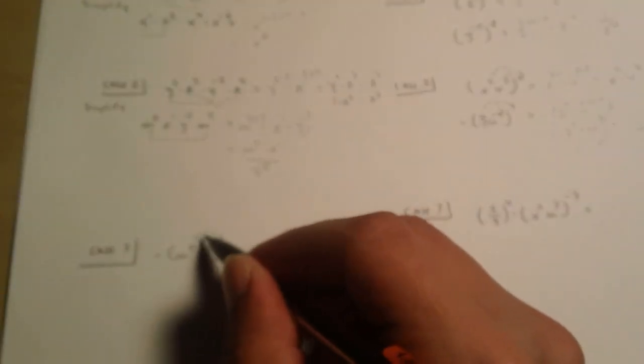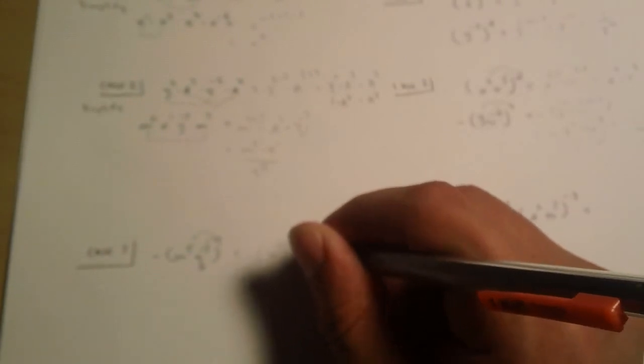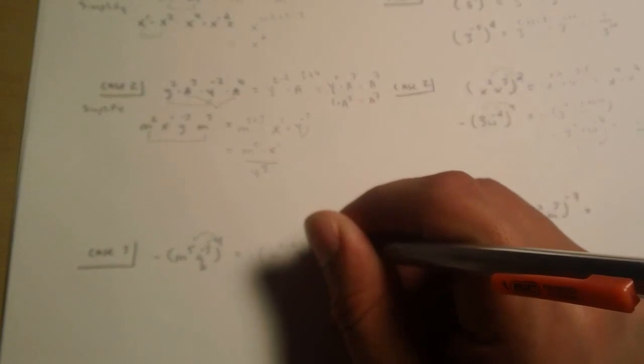So just remember, just try and distribute. Do one part at a time. Whatever you feel comfortable with. Just try and check your answers and make sure you distribute right. And check your exponent computation. So you have m to the 5 times 4. q to the negative 3 times 4.